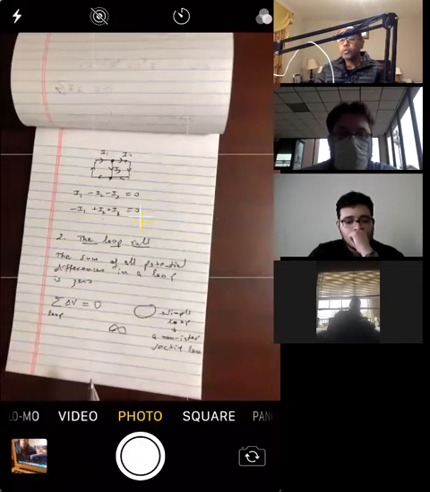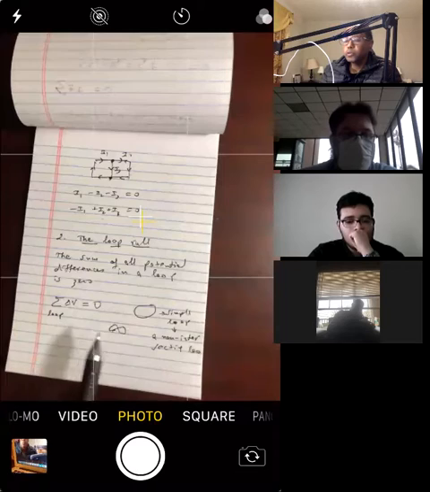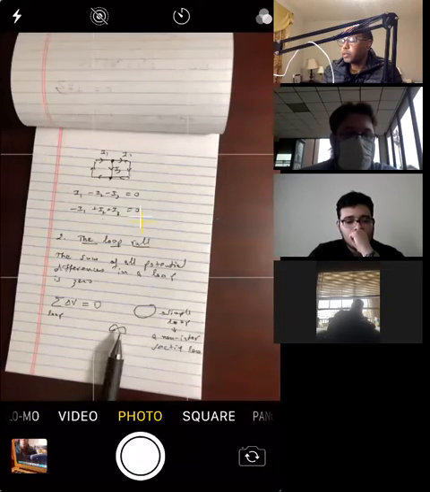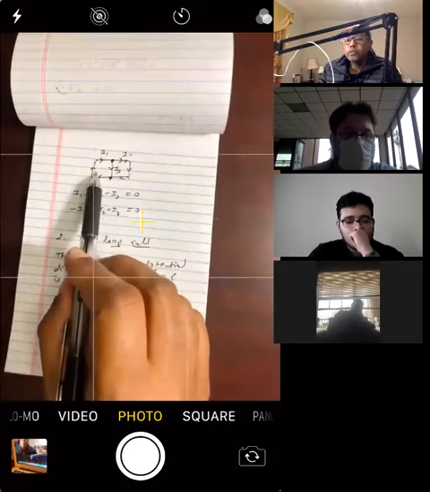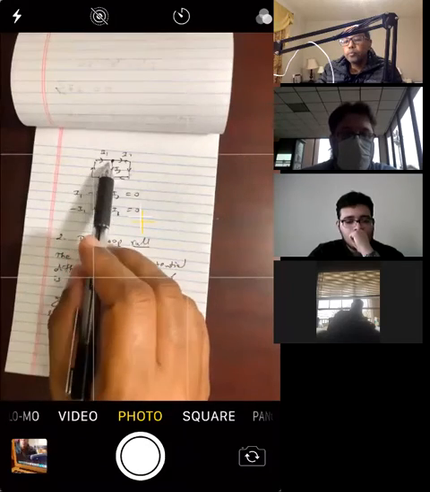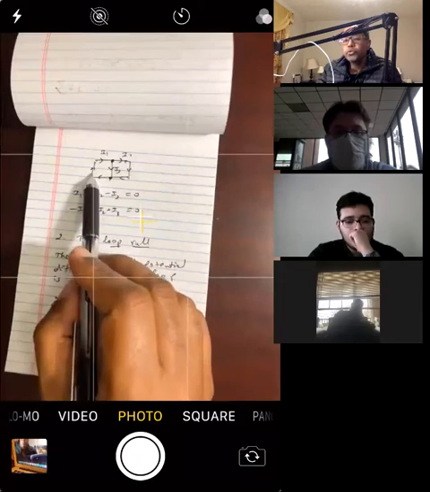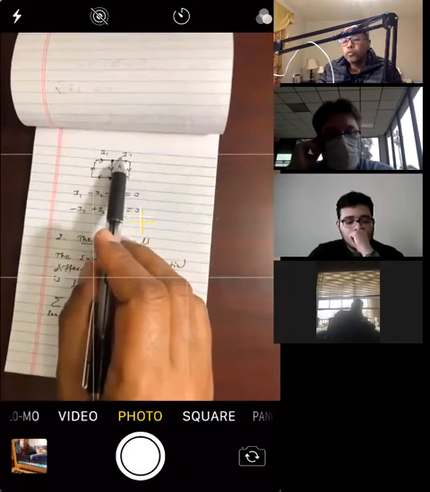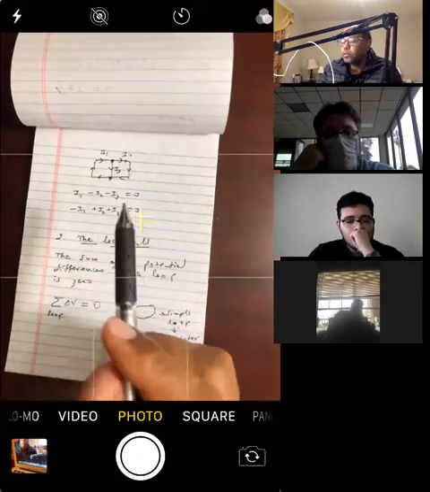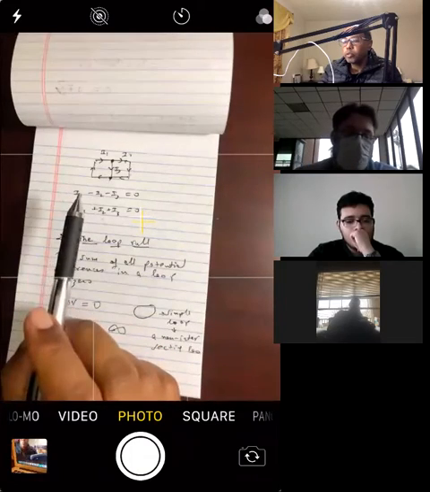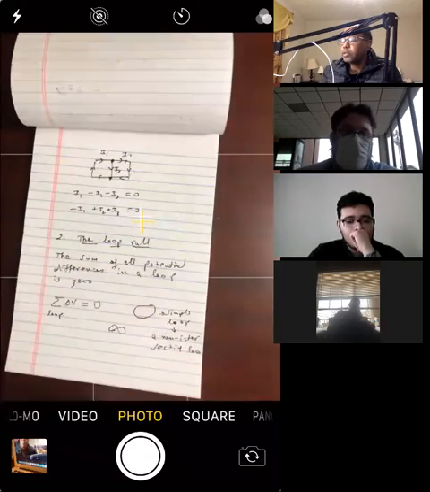We have to apply this rule to simple loops. For example, this is a simple loop, but this one is a loop, but not a simple loop. One of the rules is you have to apply the loop rule to a simple loop. A simple loop is a non-intersecting loop.